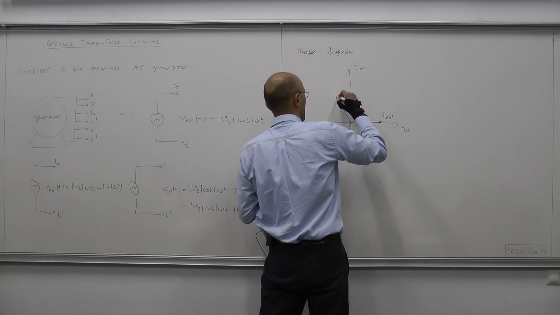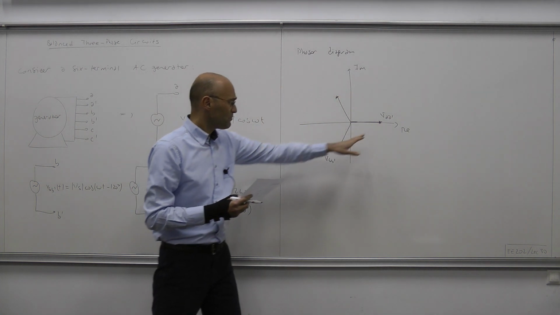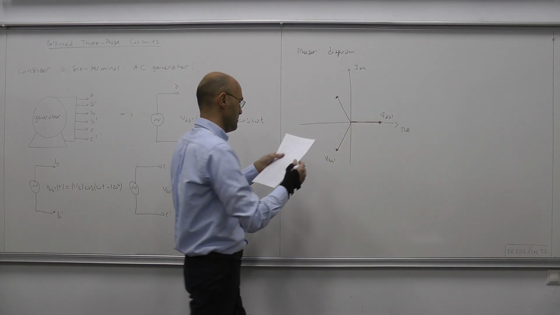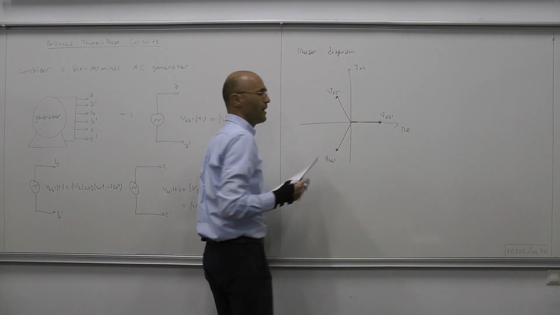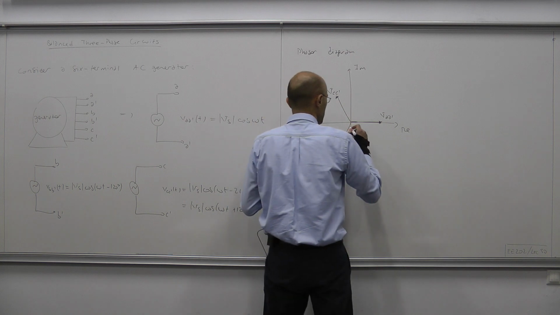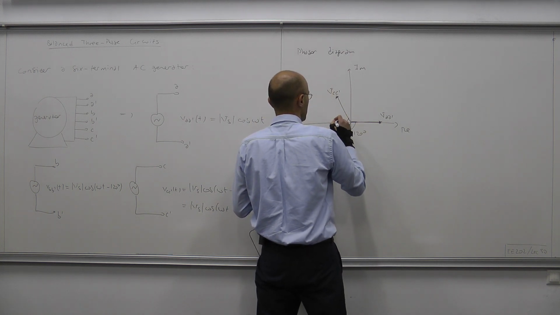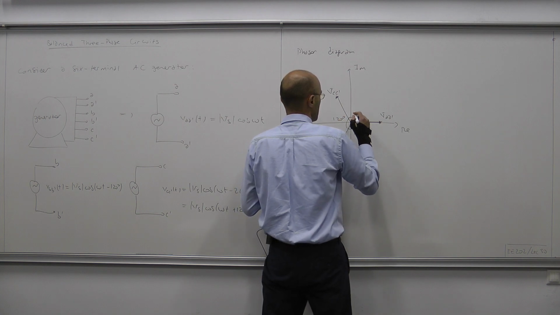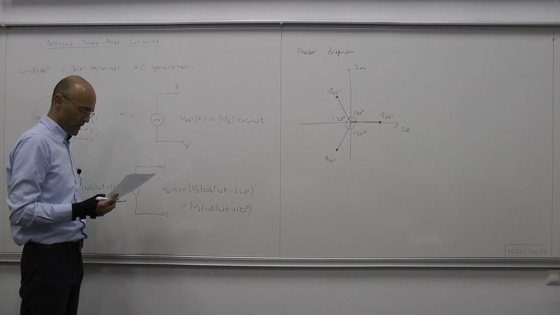Again, this vector has the same magnitude as V_AA' and V_BB'. So we have V_CC', and the angle separation is uniform. From here to here, we have 120 degrees, and here we have another 120 degrees, and finally, this angle is also 120 degrees.